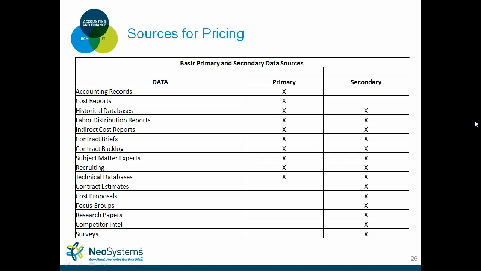Obviously, having SMEs, recruiting, and technical bases are all really primary sources for pricing and developing the cost volume. And you'll notice that in the secondary column, some of those overlap, but then you have previous cost proposals, contract estimates, research papers, competitor intel.